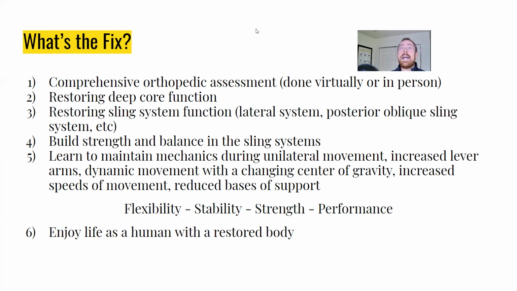Now that the deep core actually works, which usually by itself takes 4 to 6 weeks depending on who you are, we move to restoring sling system function. So your lateral system, your posterior oblique sling system, etc., we have to actually restore that function to balance the spinal position so that you're no longer having that posterior lateral pressure on the disc, or just posterior pressure.